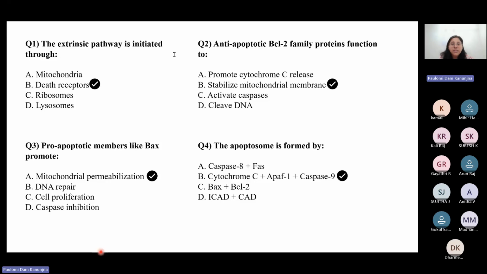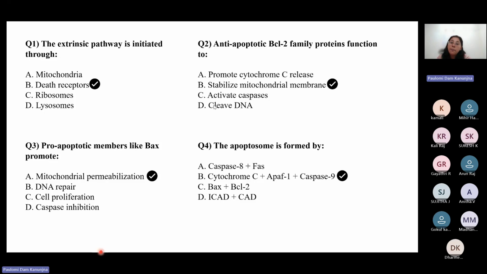The rest of the options, promoting release, activating caspase, DNA damage, are all after effects of apoptosis, and these are not anti-apoptotic functions. Anti-apoptotic proteins are trying to stabilize the mitochondrial membrane.